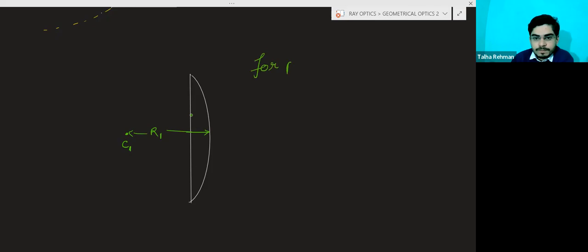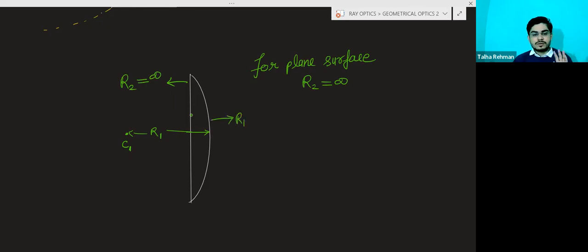For this surface, the radius of curvature is infinite, and for this surface, the radius of curvature is R1. Okay, fine.